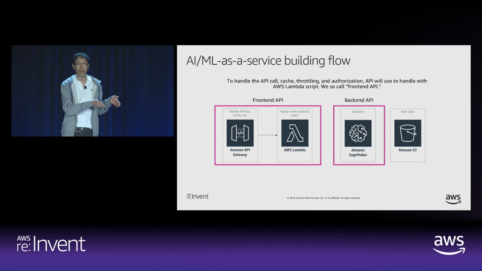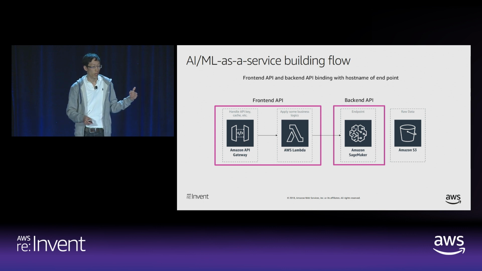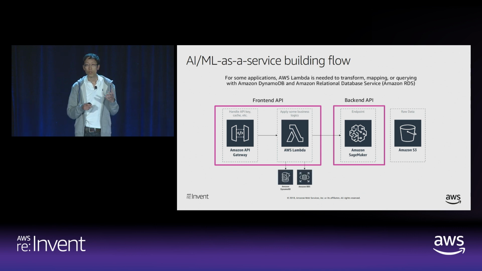So I call this one the front end API. That is the API that is going to interface to the mobile apps, maybe interface to the web app services. So the Lambda is going to call SageMaker, right? Because the user calls from the API gateway and then Lambda calls SageMaker. Sometimes in the Lambda, maybe we have some mapping with the on-prem data or maybe on RDS.